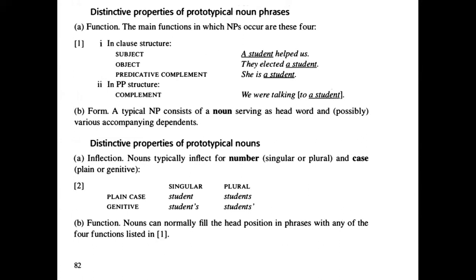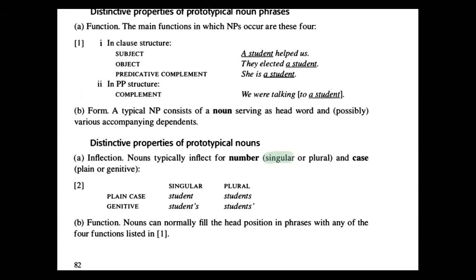We mentioned that the inflection of the noun might be singular or plural, but we should not ignore that the inflection of nouns might be in number or case. According to case, it might be plain or genitive. What does this mean?